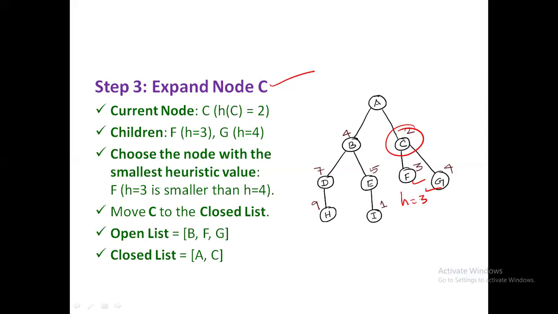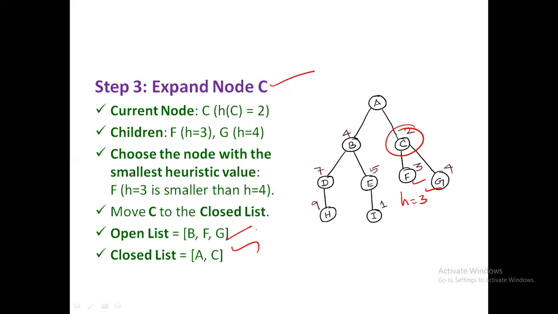What is the h value here? 3. For G, the h value is 4. So F is selected for expansion. Node C will now be moved into the closed list, and the open list now contains B, F and G. Correct? B, F and G will be there.